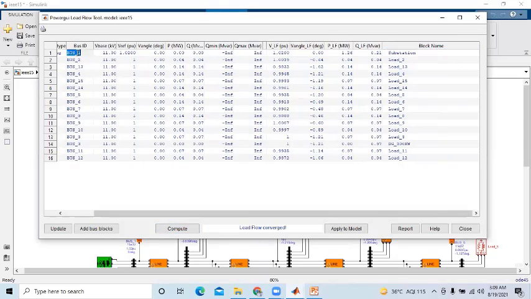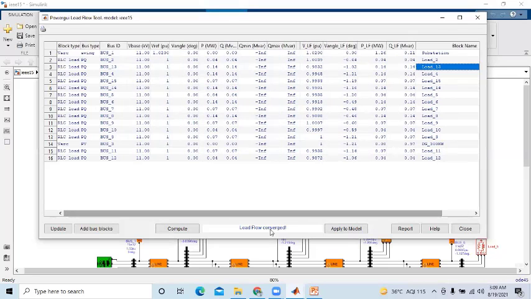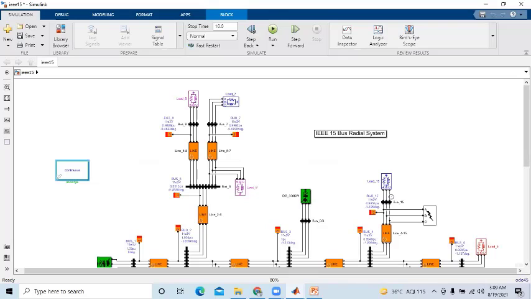At bus number 1 the substation is connected, at bus number 2 the associated load 2 is connected, at bus number 13 load 13 is connected, and so on. So when we apply this to the model, you can see over here that each of the elements is being updated with the voltage and the angle and the real and reactive power difference.